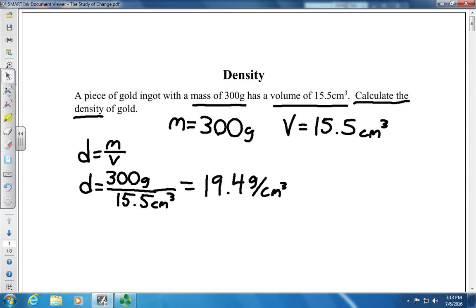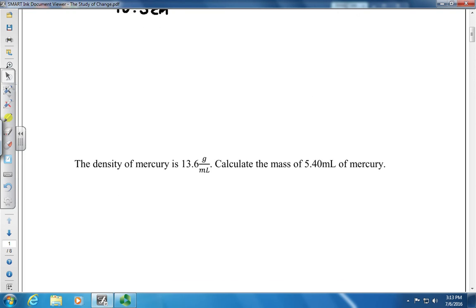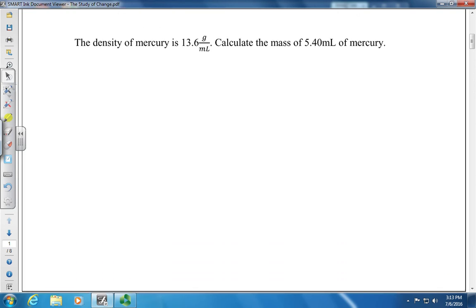But what if they gave you the density and they wanted some other value from you? Well, as long as you have that density equation, they can give you any two properties, volume, mass, or density, any two of those three properties, and you can solve for the third.